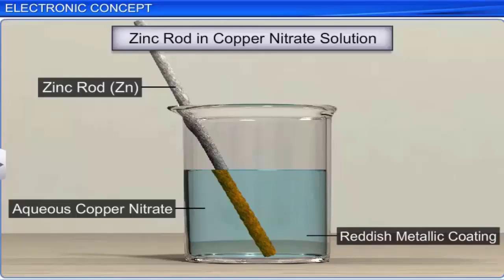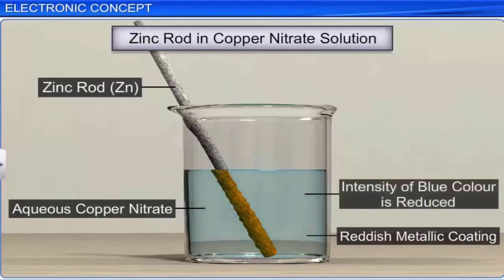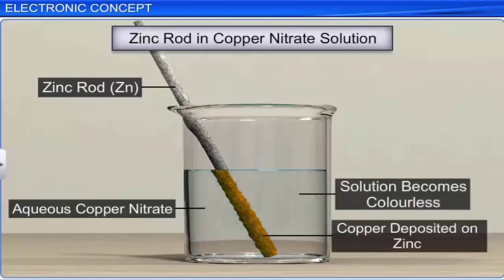We also notice that the intensity of the blue color of copper nitrate decreases and becomes colorless after some time. This is due to the disappearance of Cu2+ ions, which are responsible for the blue color of the solution.